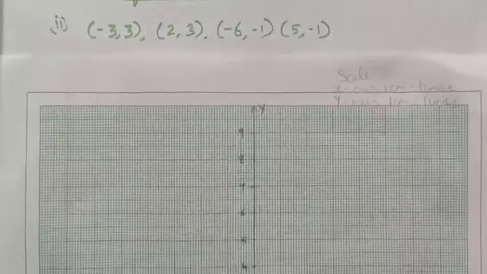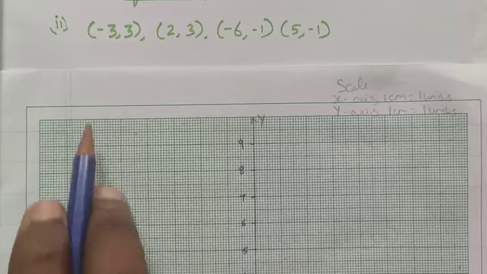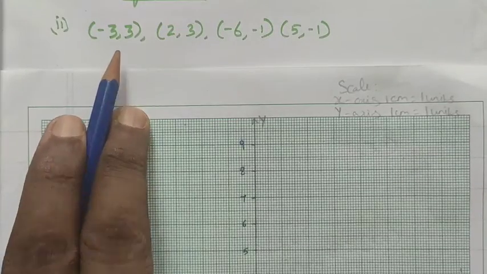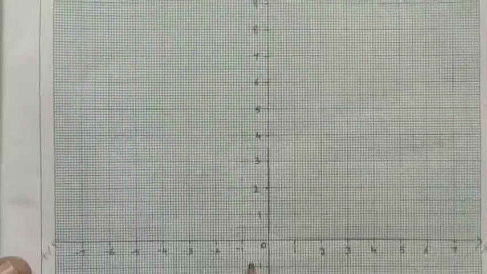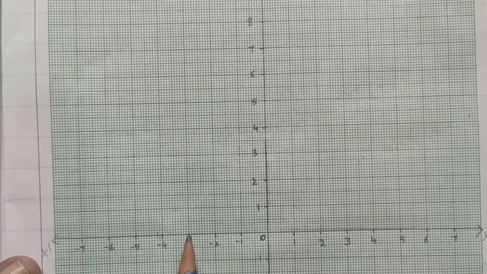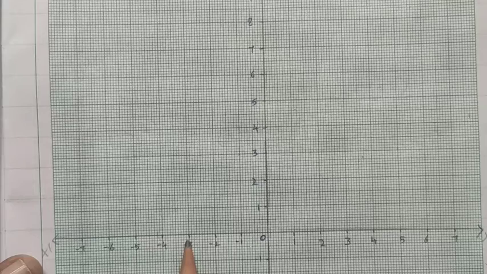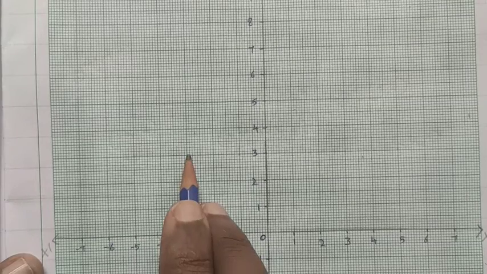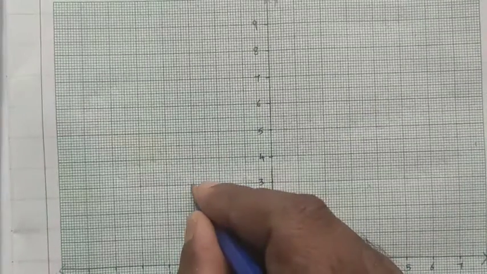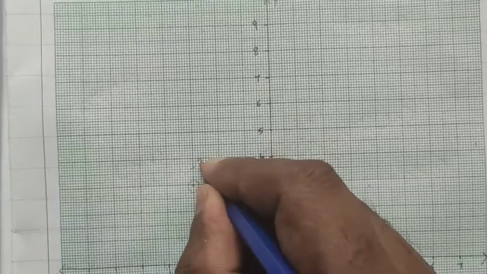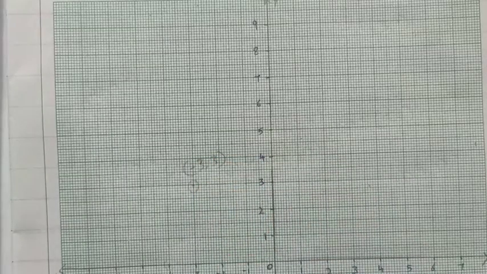Now we want to plot the points. The first point is (-3, 3). x is -3 and y is +3. This is the position of the point (-3, 3).